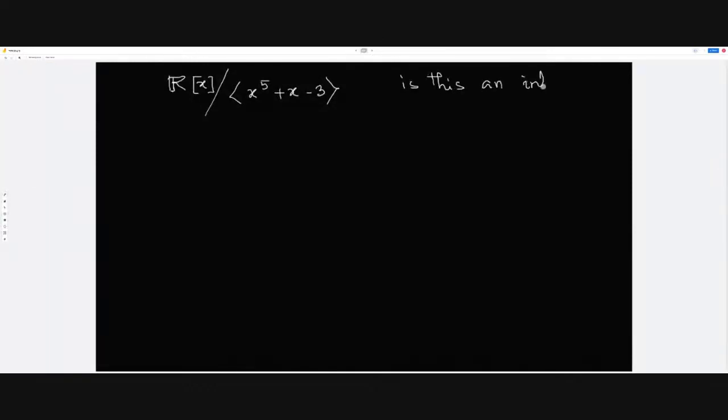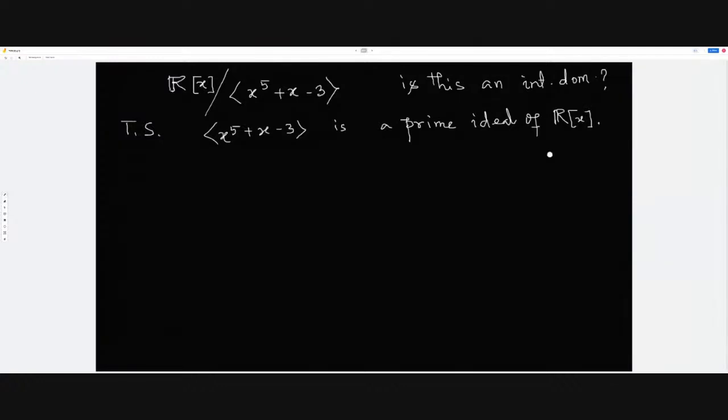If we want to prove this is an integral domain, then I want to show that x to the power 5 plus x minus 3 generates a prime ideal of R[x].